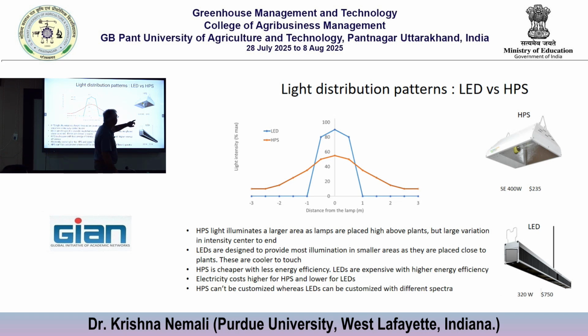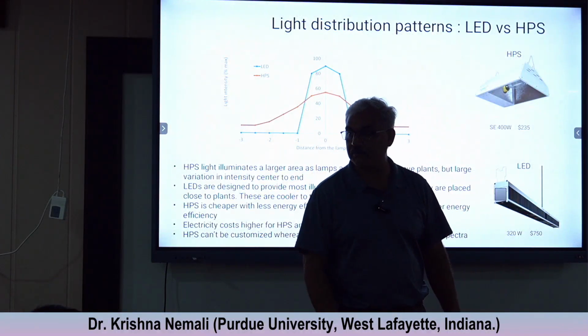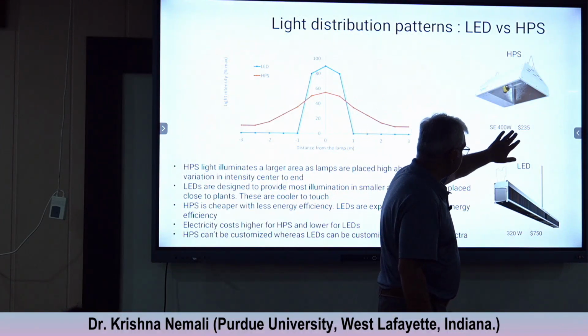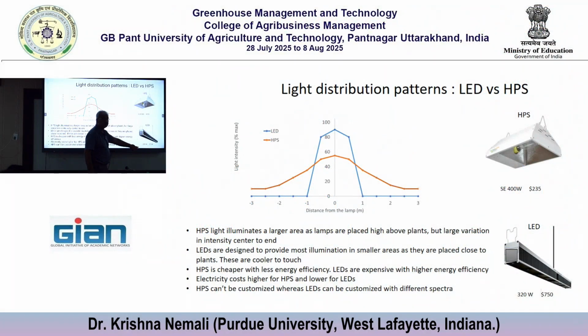Also, look at the prices here. I put it in dollars. You can convert at approximately 87 rupees to a dollar. But just look at it: almost 3 times more for LED bars compared to high pressure sodium lamps. So LEDs are expensive compared to high pressure sodium lamps.